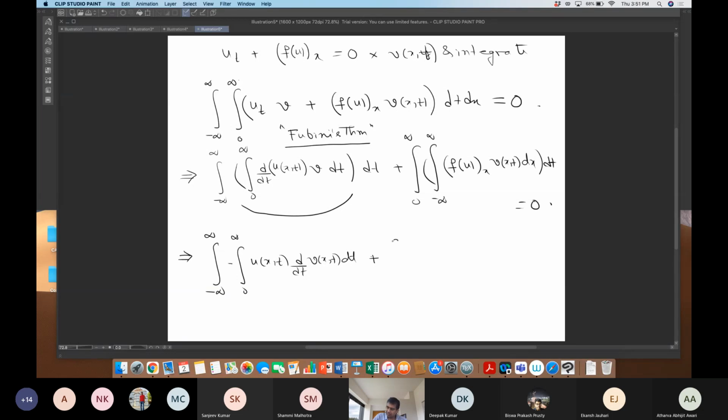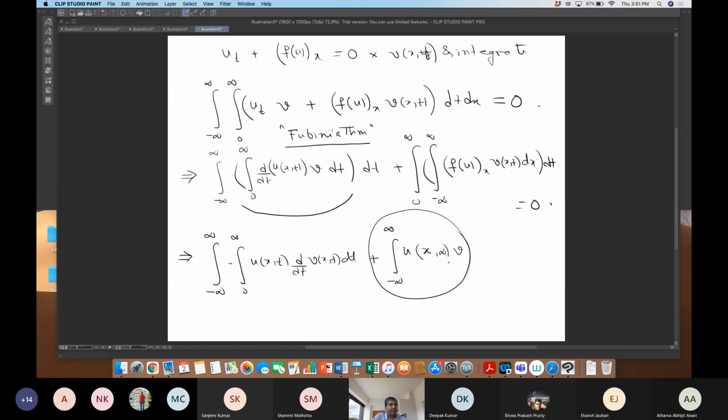What will be the boundary term? U of x, 0, v of x, 0. Exactly. First is u of x, infinity, v. So what will be this term?